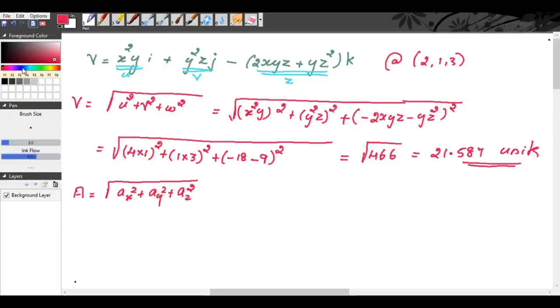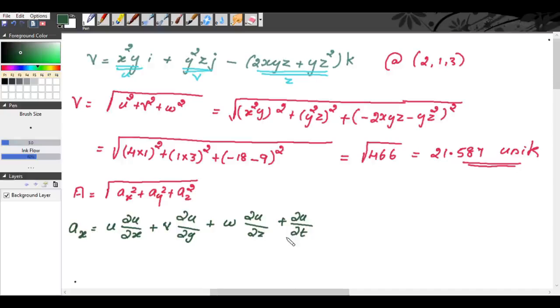So we know our ax is the acceleration in the x direction. So it is u into dou u by dou x plus v into dou u by dou y plus w into dou u by dou z plus dou u by dou t.